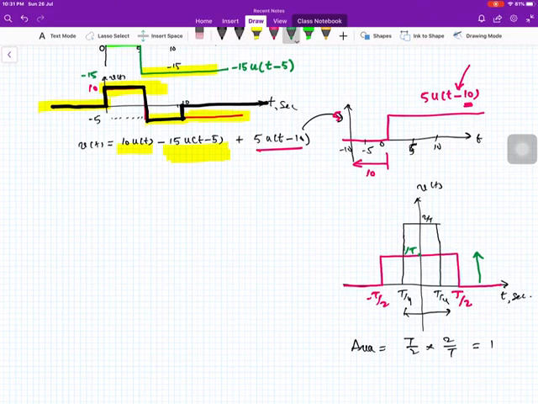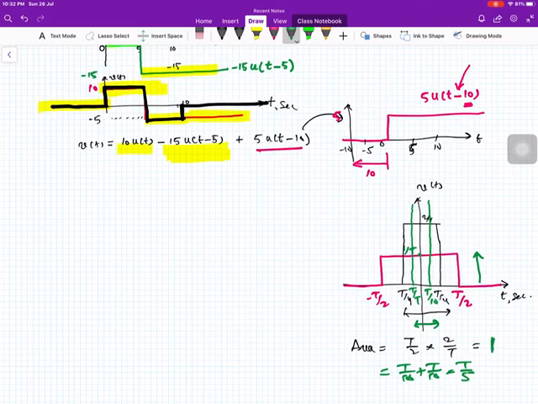Now if we keep on reducing the width, say this time this width is t by 10 and t by 10. So what is this width? T by 10 plus t by 10, t by 5. And what should be the area? Area should be 1.